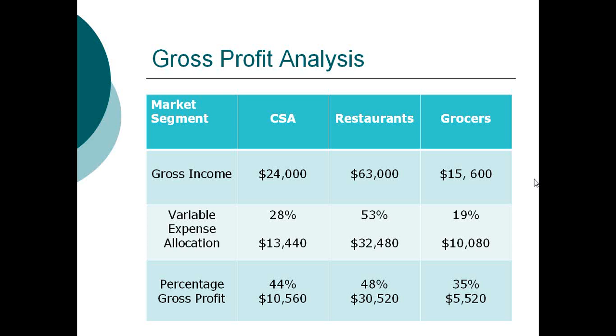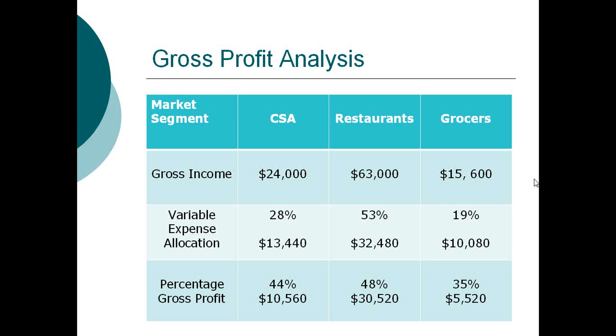So I would encourage you not to just say, oh, I know the CSA is the weakest point financially, but we love all our families and we can't not sell to them. Don't use those kinds of internal gut reactions in lieu of doing a gross profit analysis, because you might be pretty amazed at how the numbers roll out.